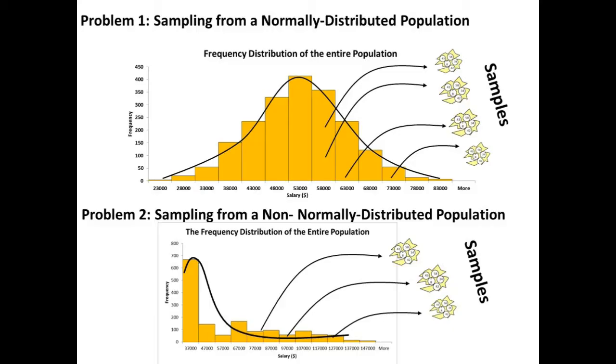One example will represent a population that has a variable that can be assumed to follow a normal distribution, and the other example will use a population with a variable that does not necessarily follow a normal distribution.